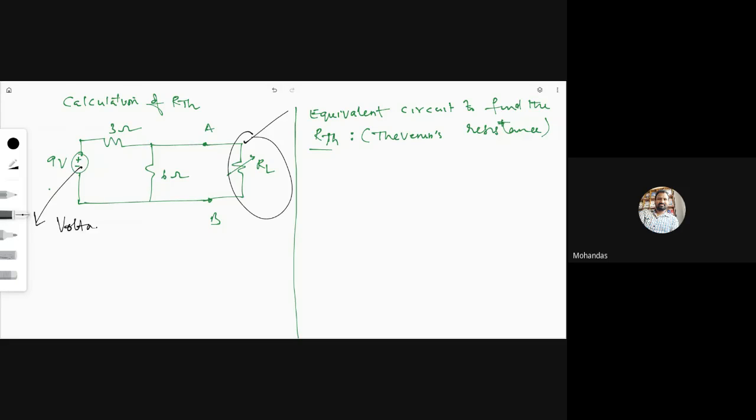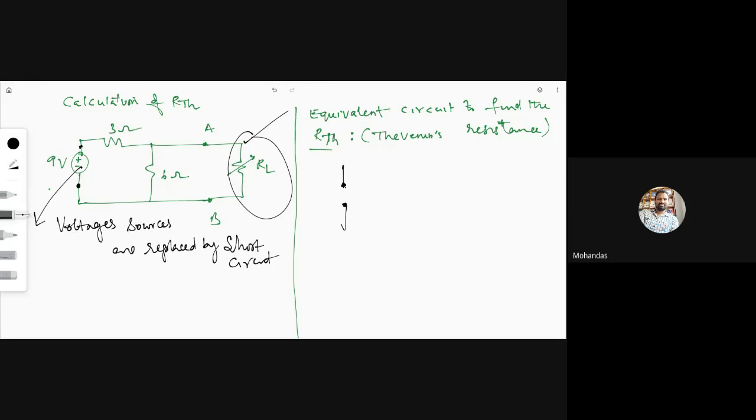As it is a voltage source, voltage sources are replaced by whom? Open circuit or short circuit? A short circuit. So now remove this 9 volt source and make it a short.